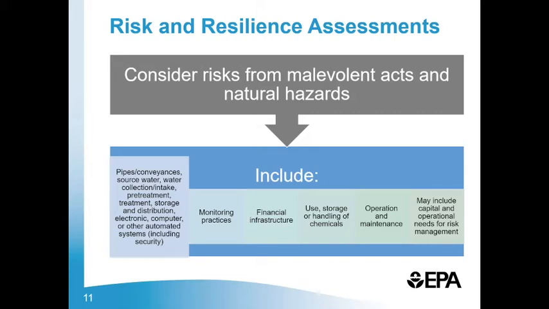Also ops and maintenance, so we want to look at the risk to your specific personnel as well as your maintenance procedures. And then it may also focus on the areas that you see listed here, which is capital and operational needs for risk management as well.